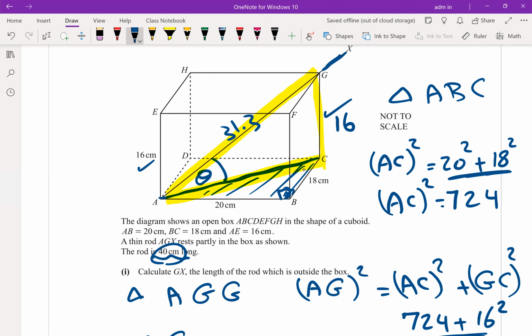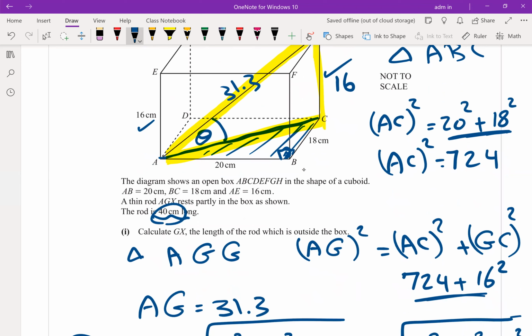You can use sine, opposite over hypotenuse. If you get AC, please find the AC, square root of 724. You can use cosine. 26.9. Now you can use sine, you can use cosine, you can use tan.